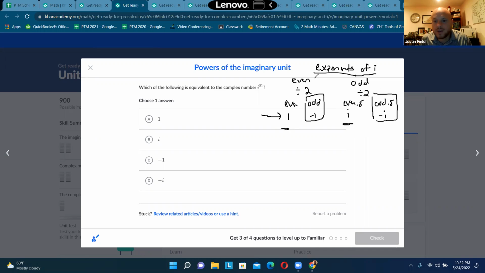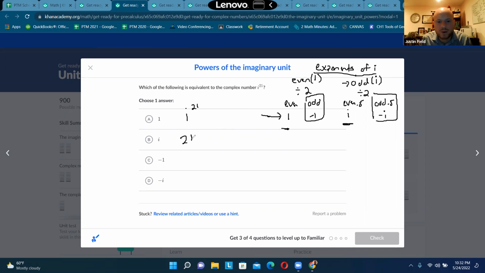If it's initially even, it's going to be some sort of a 1. If it's initially odd, it's going to be some sort of an i. And this little organization is how I remember it. So i to the 21st: immediately I know it's in the odd category.